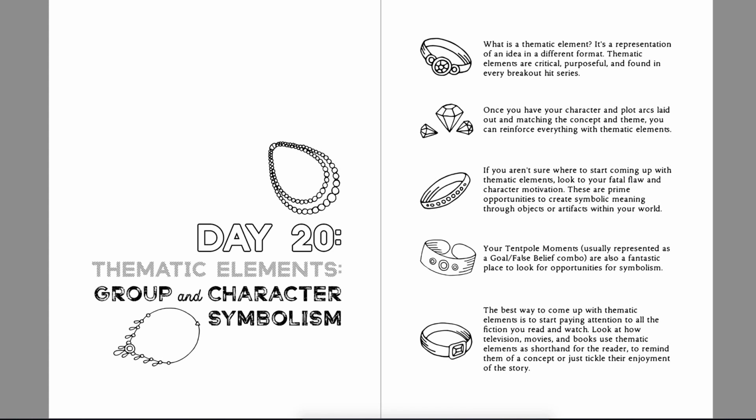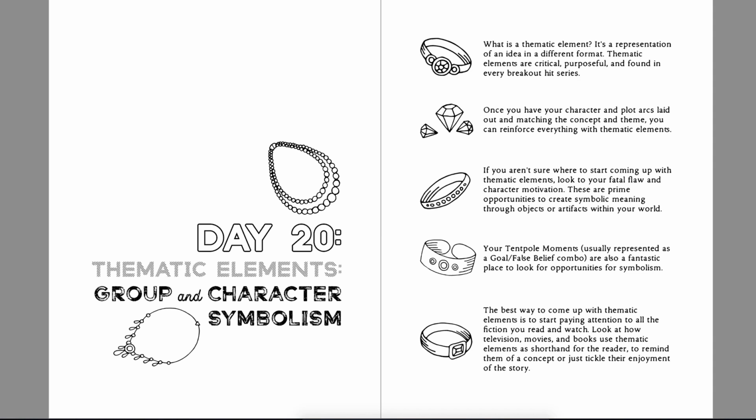So you can look at a number of different things. So your fatal flaw / character motivation, which we talked about through days 7 and day 9 of the challenge. And we've also talked about it in the days on the setup. These are typical places that there might be some character symbolism.